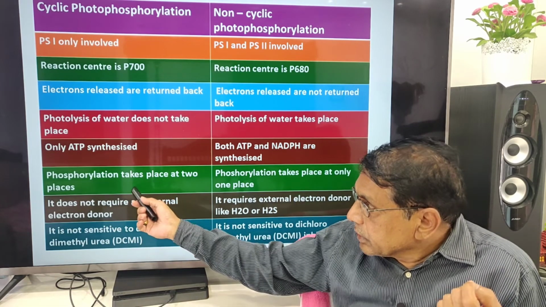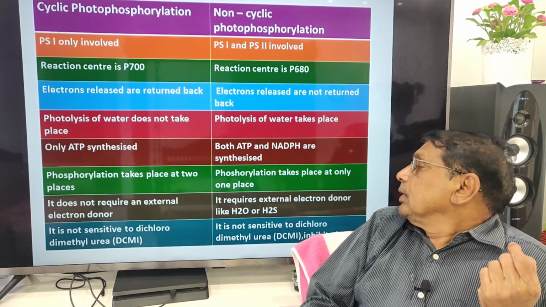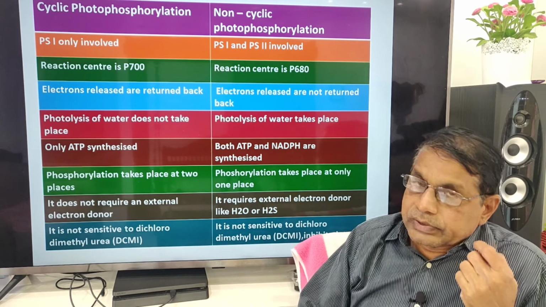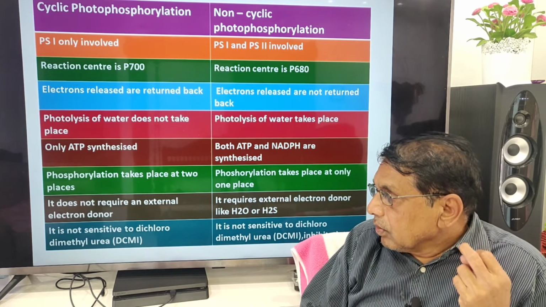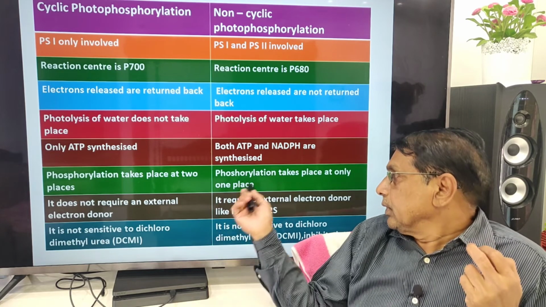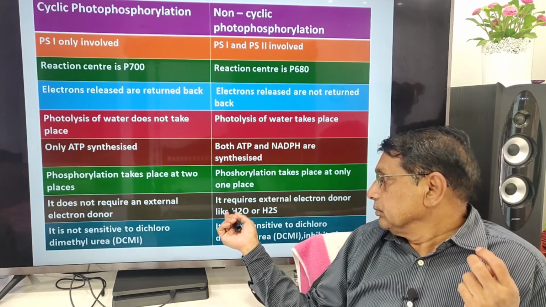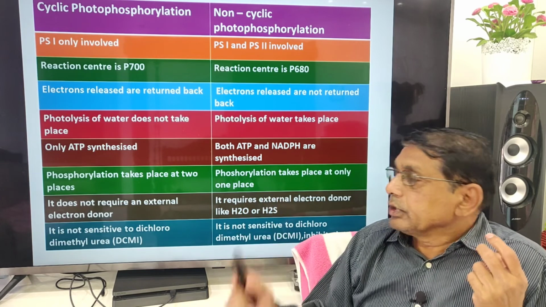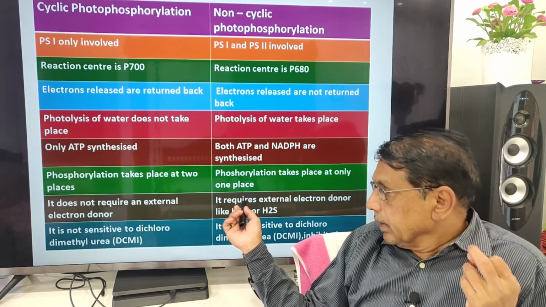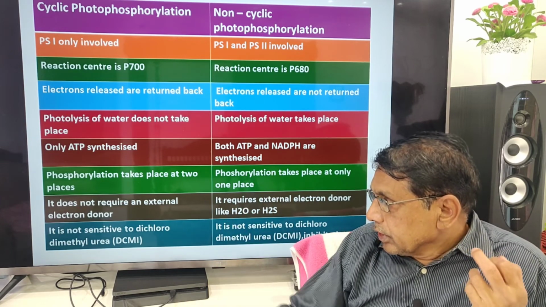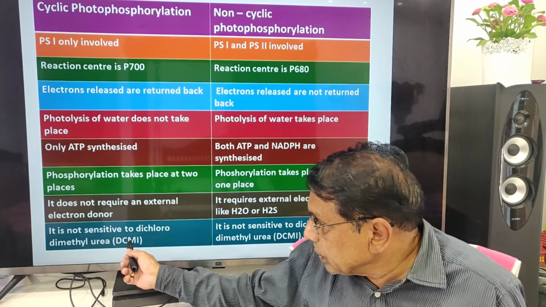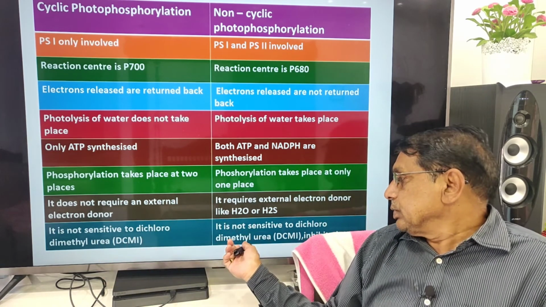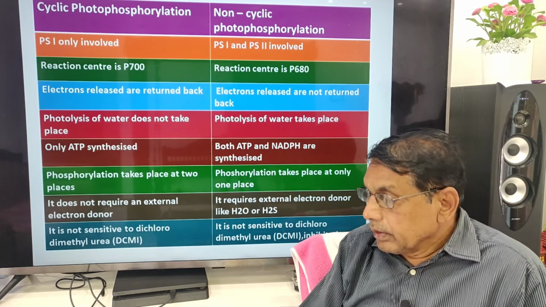Phosphorylation takes place at two places in non-cyclic, but only at one place in cyclic. Cyclic doesn't require an external electron donor; non-cyclic requires an electron donor like H2O or H2S or NADH. Cyclic is not sensitive to DCMU, dichlorophenyl dimethylurea; non-cyclic is inhibited by it.